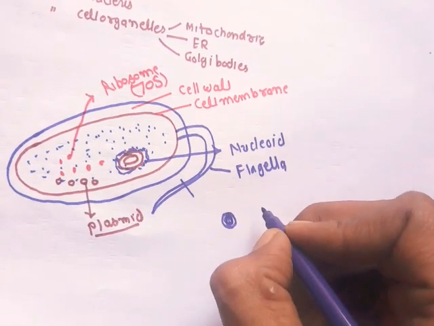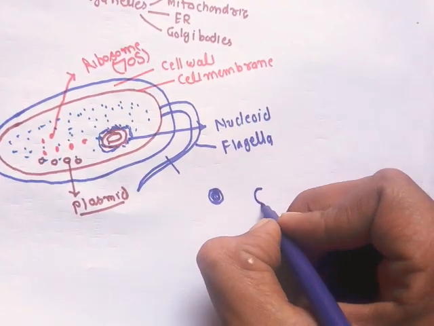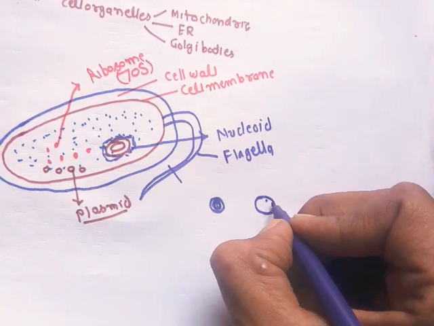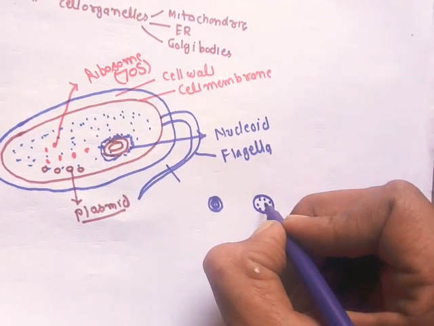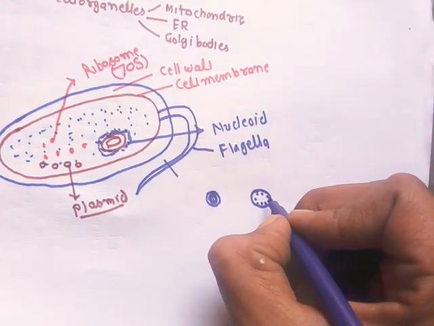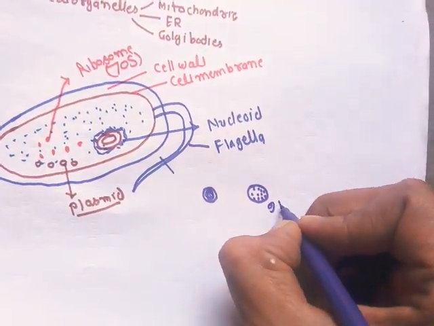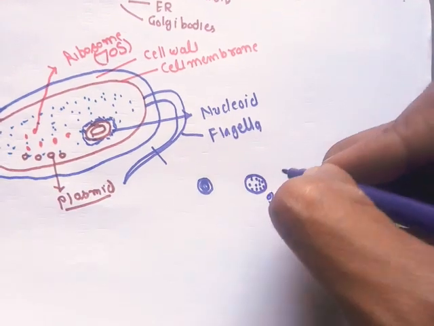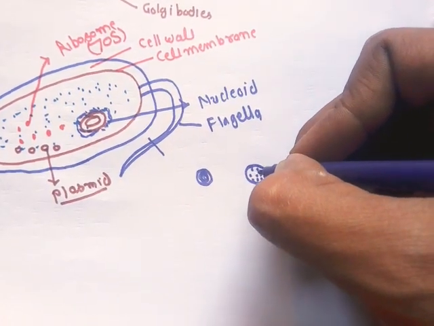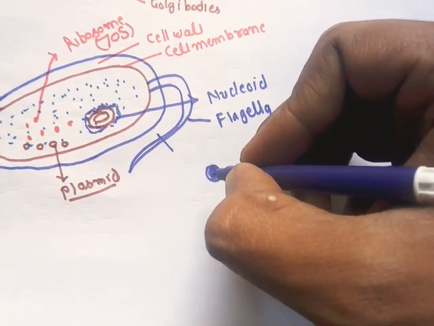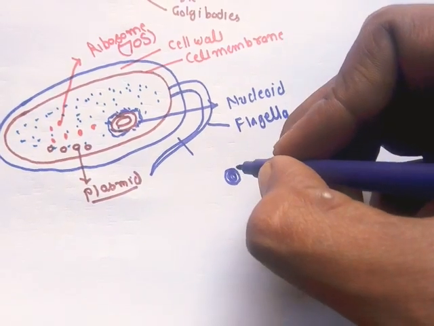But if I cut a section of the flagellum of a eukaryotic cell, the section will show an arrangement of tubules, 9 tubules in the periphery and 2 central tubules. So a 9 plus 2 arrangement of microtubules is there in the flagella of eukaryotic cells, but that kind of arrangement is absent in the flagella of prokaryotic cells.